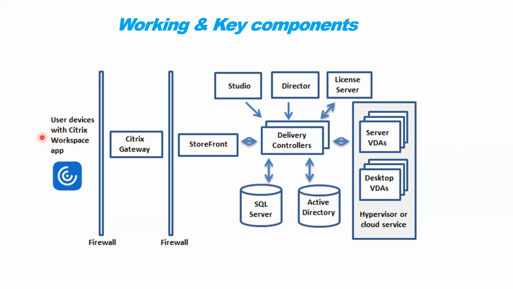The entire setup is divided into two parts. From here to the right, this is your data center, what you have created or what we will create in upcoming sessions. And this is the end user device, like a client, laptop, desktop, or mobile phone, whatever it is.